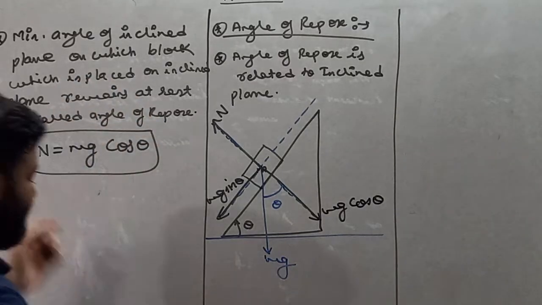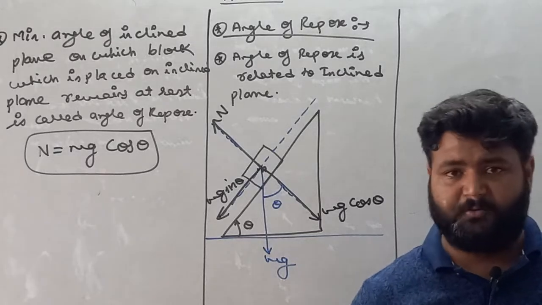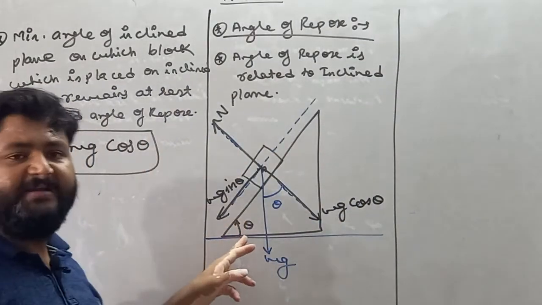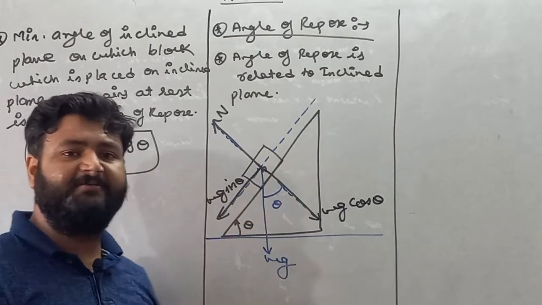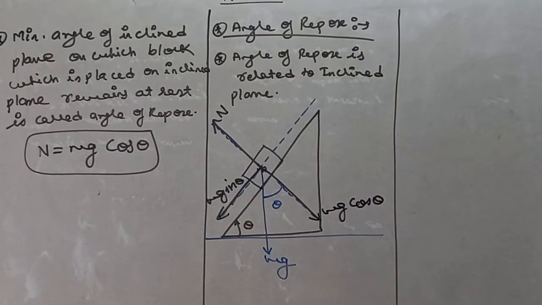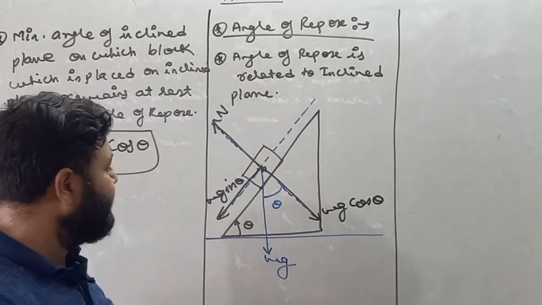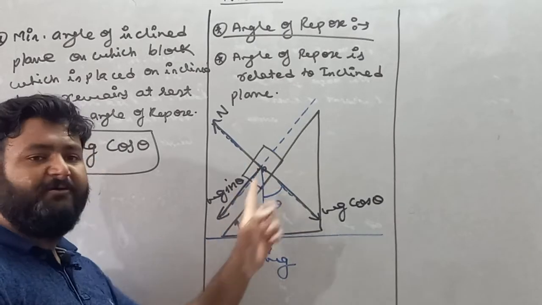Now see, we are talking about angle of repose, and angle of repose says the minimum angle of the inclined plane due to which this block remains at rest. But this block carries a force mg sin theta in the downward direction.